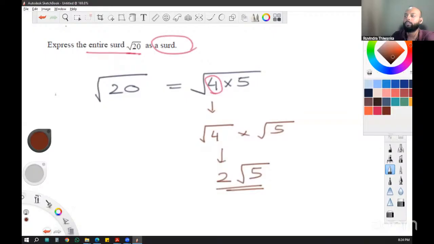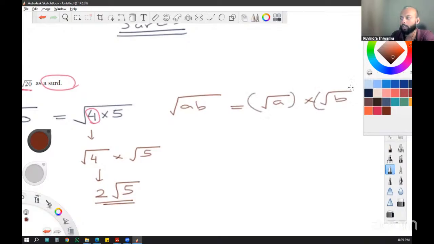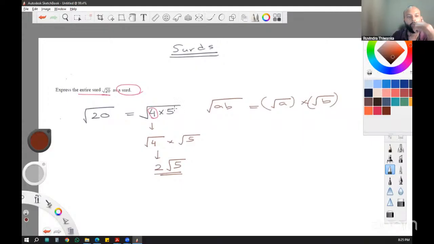So remember, if you have two values a and b, we can write square root of ab as square root a times square root b. These two values are outside. Now, if you can copy this down quickly.